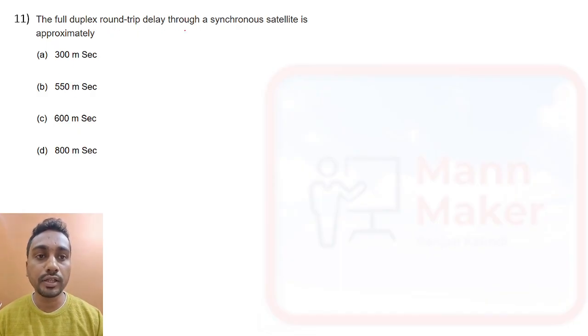The full duplex round trip delay through a synchronous satellite is approximately. So, if we talk about the ways of communication, there are three types.